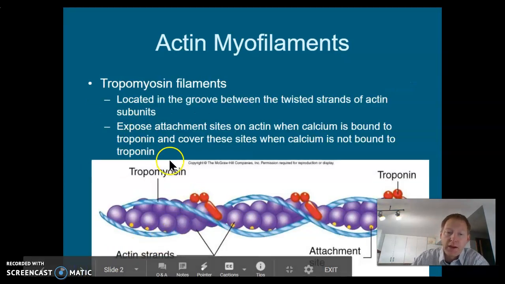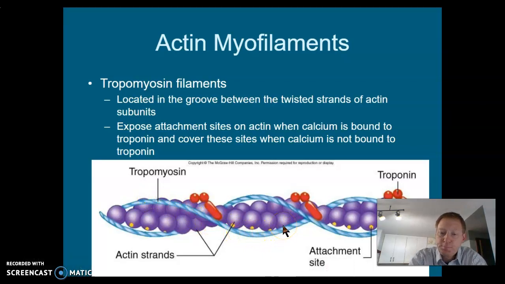And then additionally, there are these really thin strands called tropomyosin. Their job is to prevent muscles from contracting. Without the tropomyosin, you would have a muscle that would grab onto each other and just cling, and it wouldn't stretch back out, it wouldn't relax.